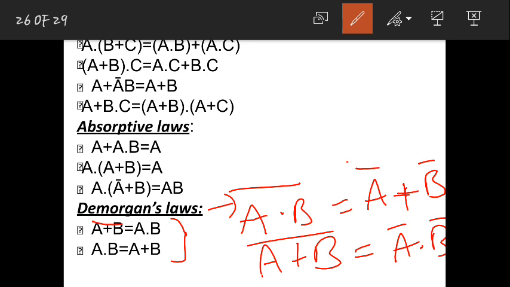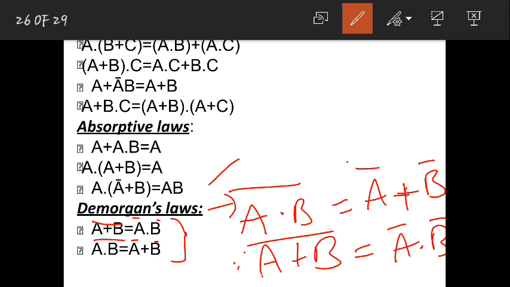Here he forgot to mention this. The whole bar, you can split it into individual bars by just changing the operation in between. So if you try to solve them, you will get the same answer. For example, I will try to prove this; you try different variables for the other ones.